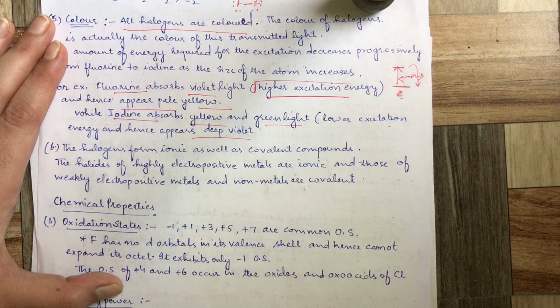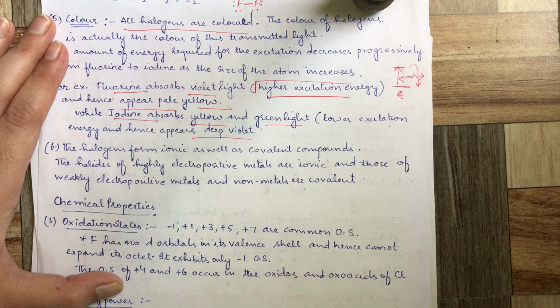So let's discuss with the help of a flow chart in the mind. Color is due to the excitation of the electron, the jumping of the electron from a lower energy level to a higher energy level. The color of the light absorbed and the color of the light that we see are complementary.